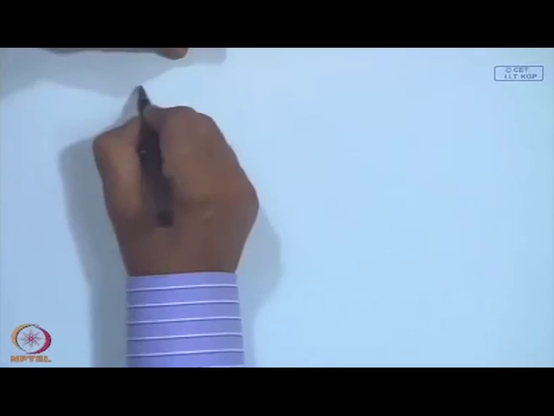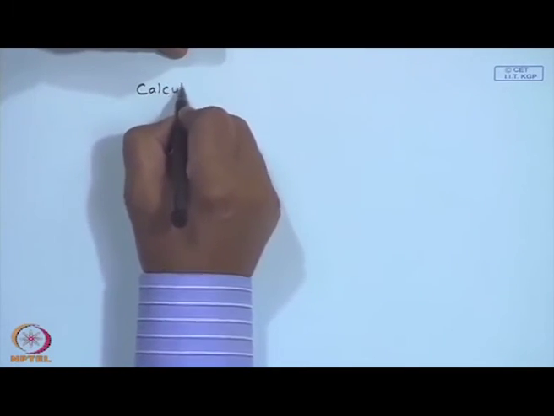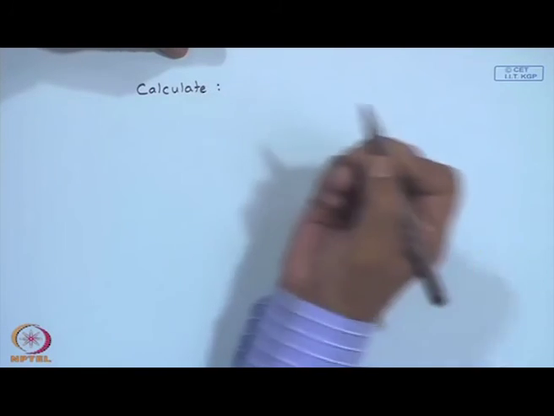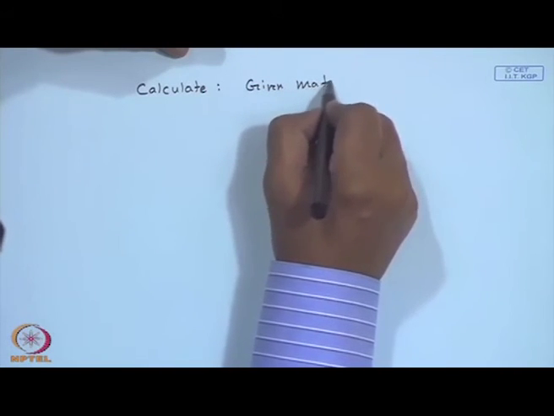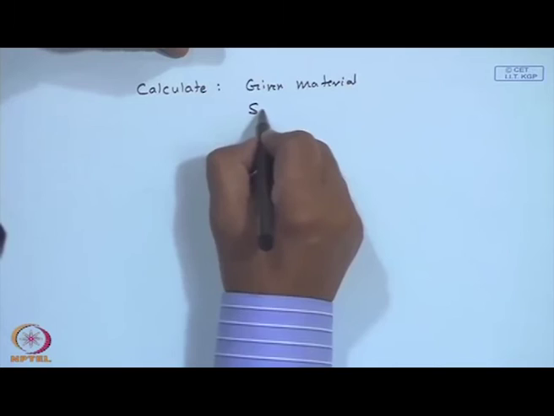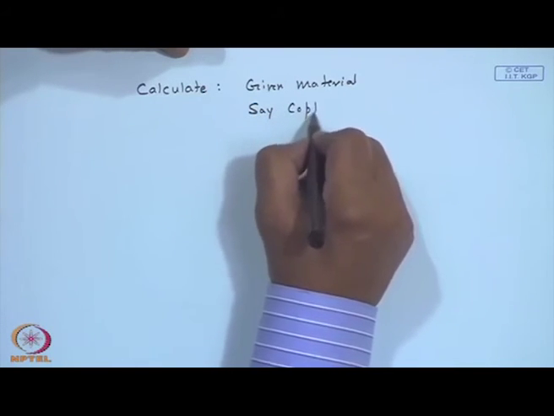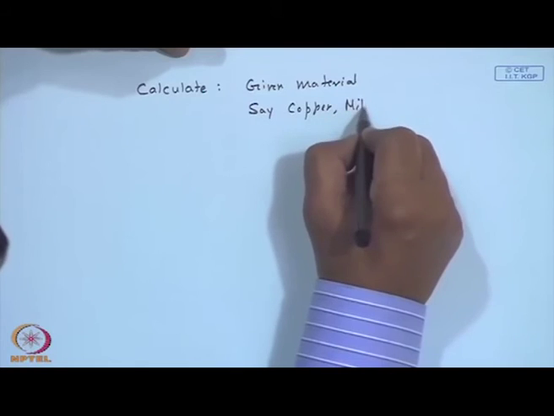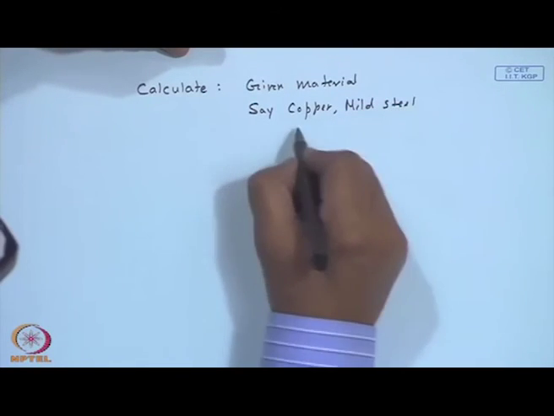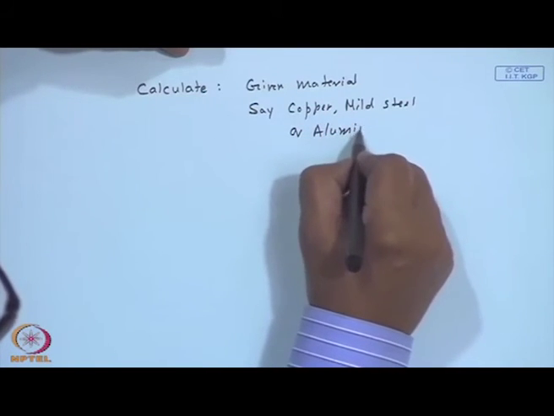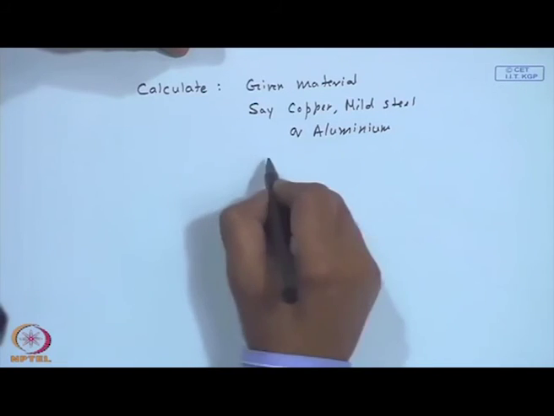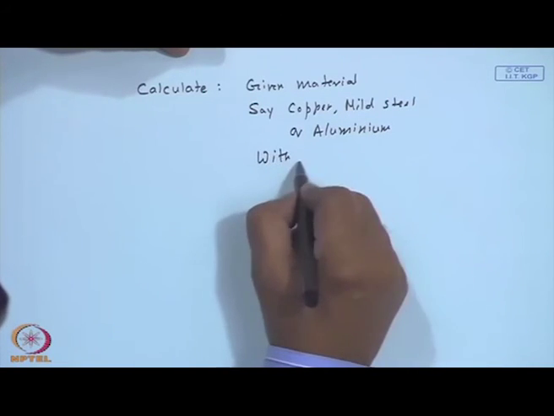The other method is simply to calculate for a given material, say copper or mild steel or aluminum, with W, d, delta being the same.